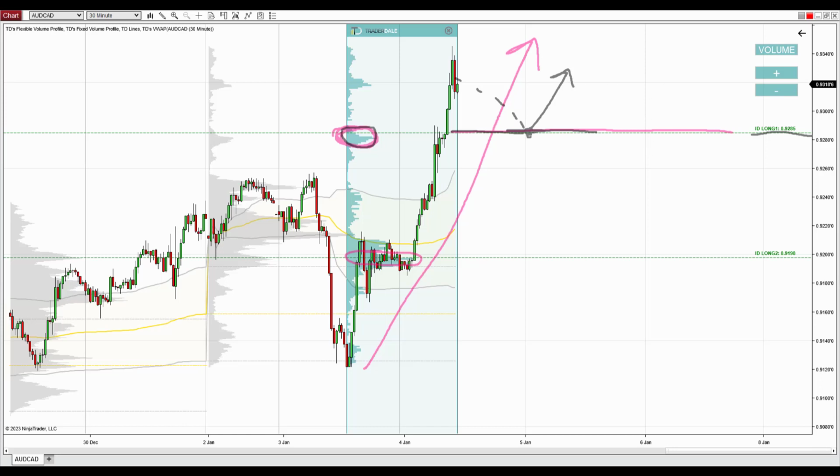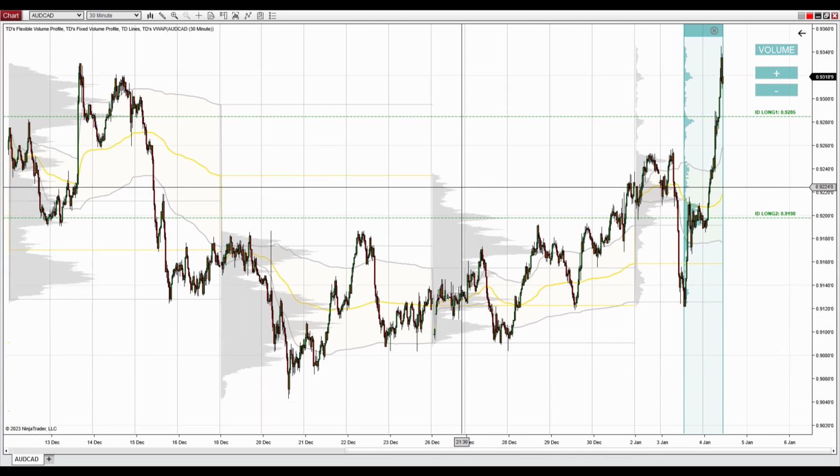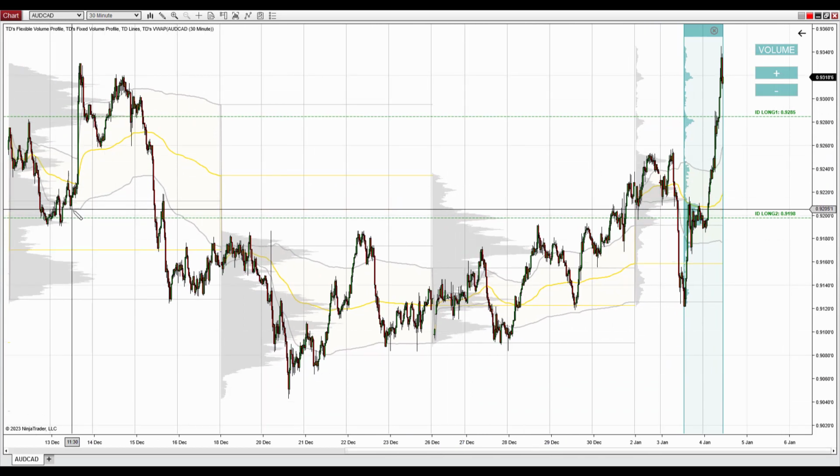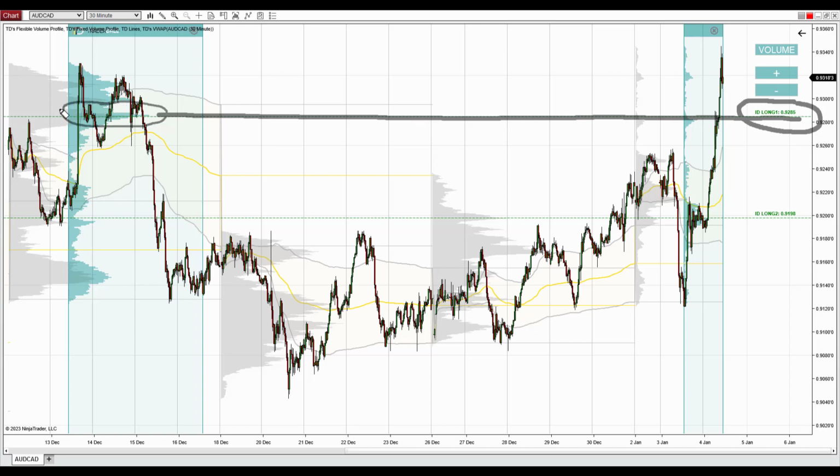Now there's also a thing which adds strength to that level. If you scroll back a bit, then you can see that this zone here, that's the level, right? 92.85 was a very strong heavy volume zone in the past as well.